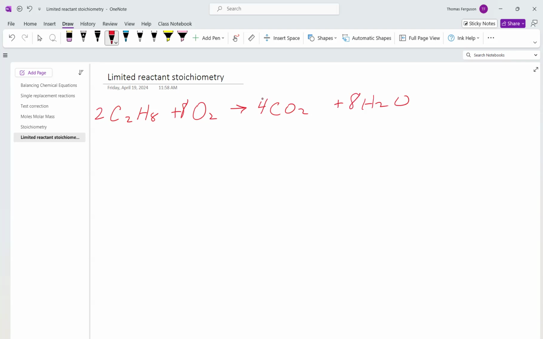So C2H6, it's ethane. It's a common chemical, similar to methane. It's found a lot in natural gas. Ethane is burned a lot. Okay, so let's come up with a question here then.